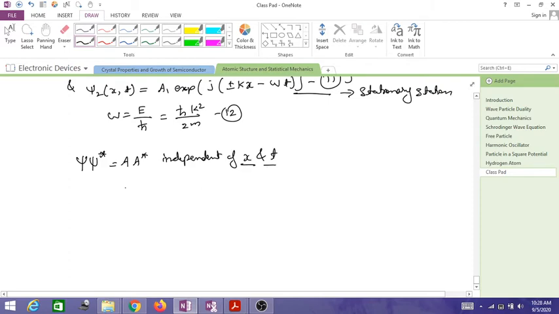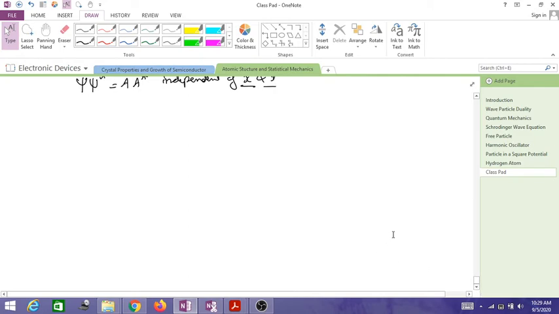Then it means that the probability of finding a particle is the same everywhere, and the wave function conveys no knowledge about the precise location of the particle. So we can say that the particle is everywhere and the wave function cannot give knowledge about where exactly the particle exists. Okay, so this is the free particle.